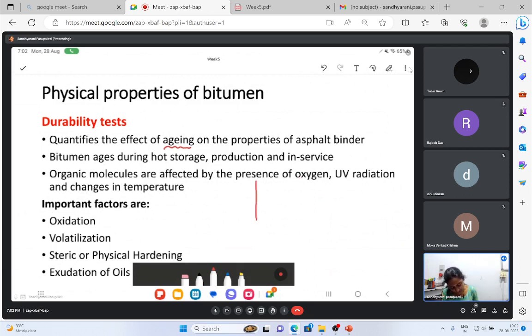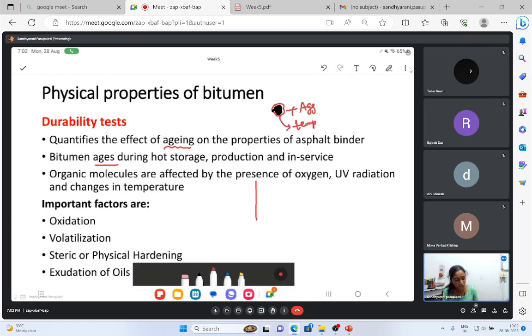So when is the probability of this bitumen getting aged? Initially, if I have bitumen in the drum, it has been exposed to environmental temperature, let us say 30 degrees. Then I am going to add this bitumen to some aggregate. How do I add it? I usually increase the temperature.